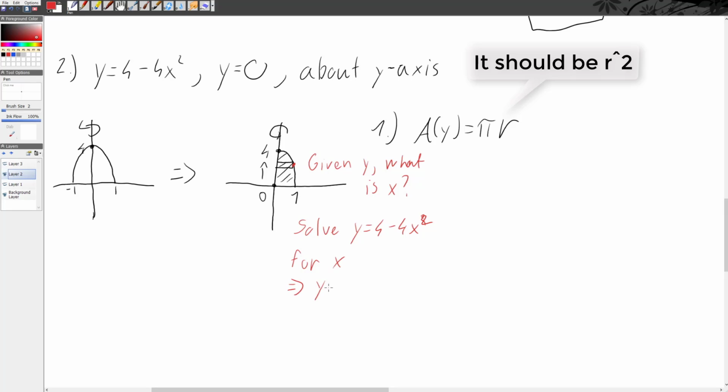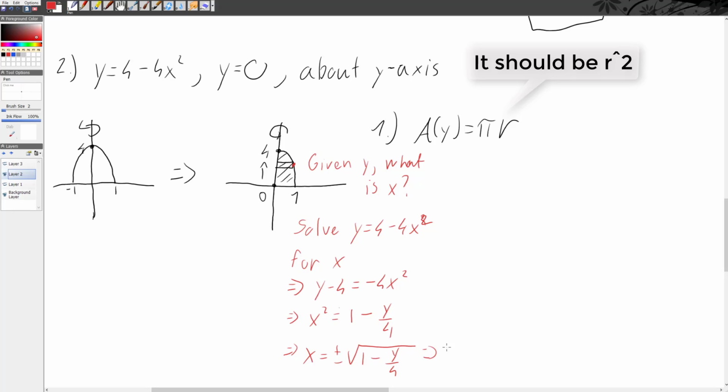What that means is that y minus 4 is equal to minus 4x squared, so x squared is equal to 1 minus y over 4. And then x is equal to plus or minus the square root of 1 minus y over 4. Because we are dealing in the first quadrant, we have to take the positive x value.